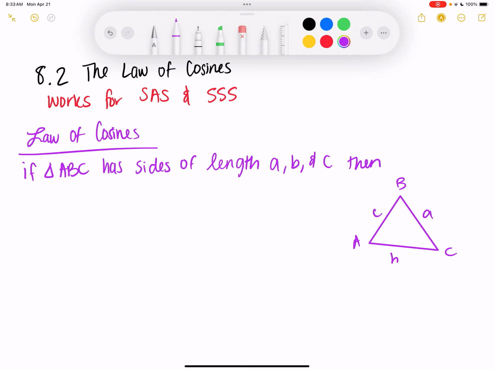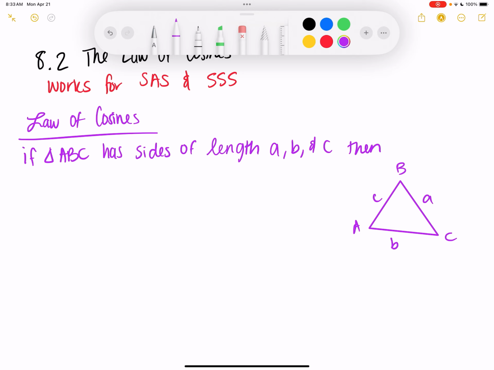There we go. Basically, these are going to be the different formulas. It's the same formula, but it's written based on what information we're given. So A squared equals B squared plus C squared minus 2BC cosine A.